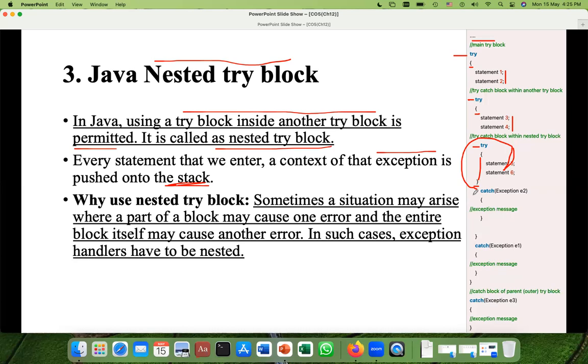We will come out of this try block if the exception occurs here, and we will search the catch block for that respective exception here. If that exception matches, okay, that will be executed. Anyhow, now leave this exception.